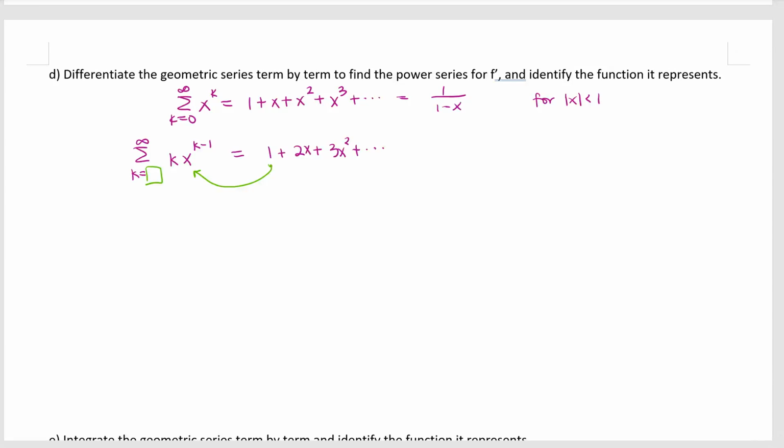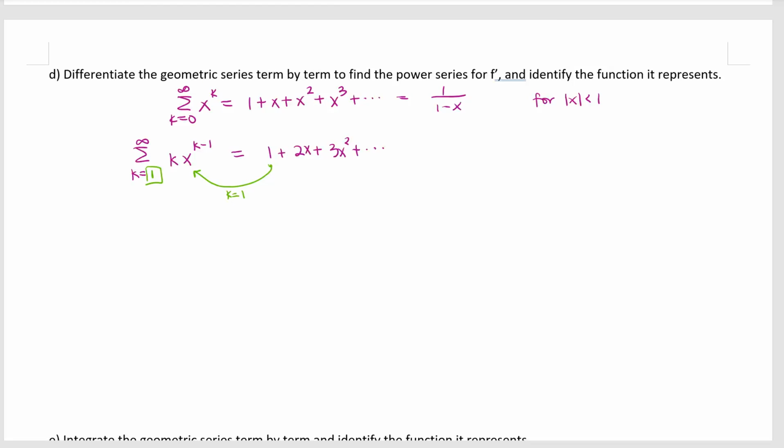What k do you plug into your expression to get 1? It looks like k equals 1, right? When you plug in 1, 1 minus 1 is 0, x to the 0 is 1. So that's why here k equals 1. So you can figure out the formula by differentiating, but for the starting k, you actually need to look at the first term of the power series to identify that your index should start with 1. Okay, all right.